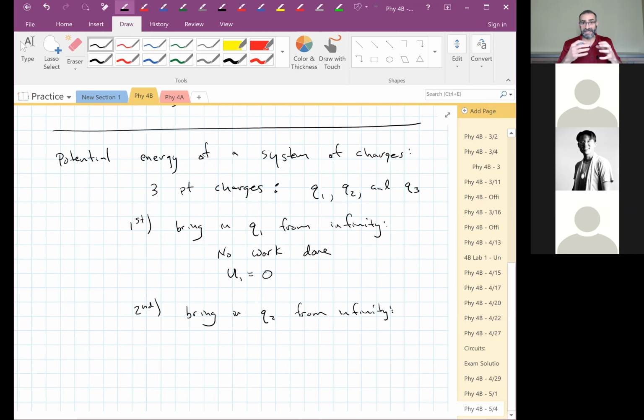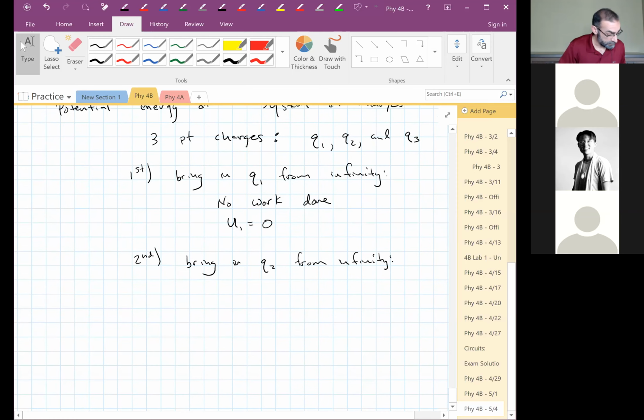And that means there's going to be some stored energy in the system, kind of like taking a spring and compressing it, right? This is some stored energy now. If they're opposite charges, then Q2 is attracted to Q1, and we have to do some negative work, slowing it down, preventing it from going in and colliding with Q1, right? So we end up with this situation.